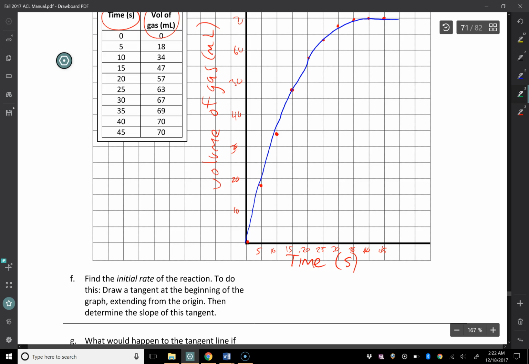Put this in green. You're going to draw the tangent line for the initial rate. So, oops, sorry. I'm going to start it at the origin. Oops, it's not very straight.